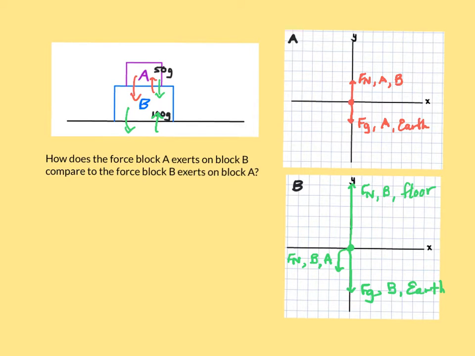So what are some things here that are going to be equal? In this force diagram, those are congruent. We also said that the force of block A on B is going to be the same as the force of block B on A. So that's this force here, and then this force here.